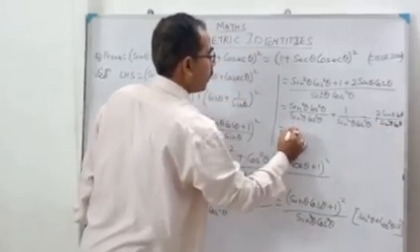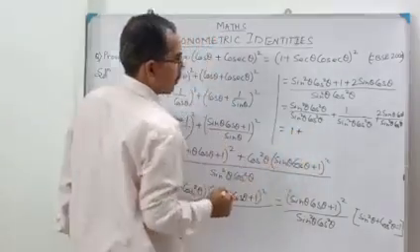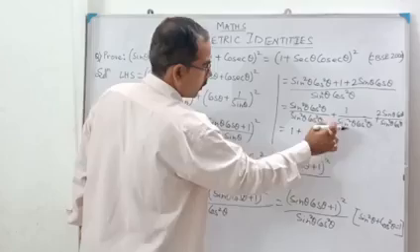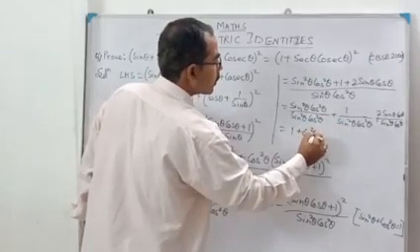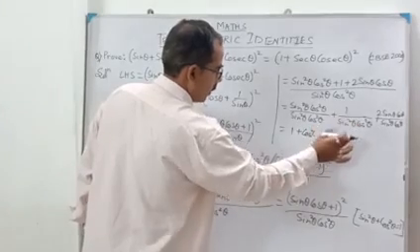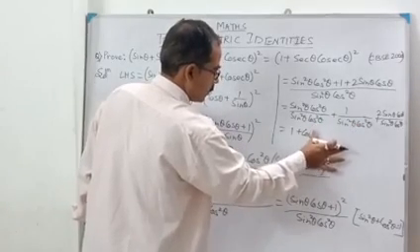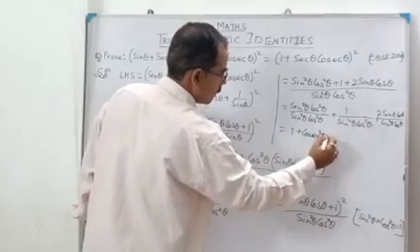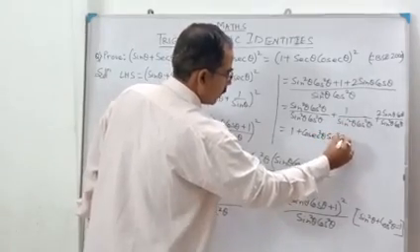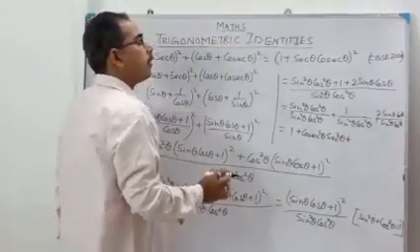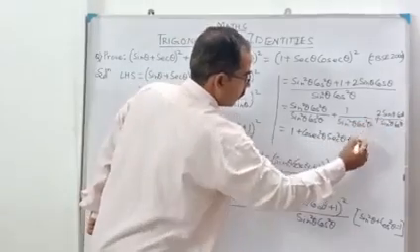So here you are getting 1 plus 1 by sin square theta, which is cosec square theta, and 1 by cos square theta is sec square theta, plus here also sin theta cos theta is there and here square is there, so 1 will remain.